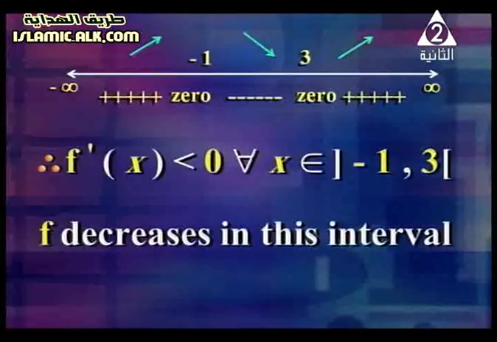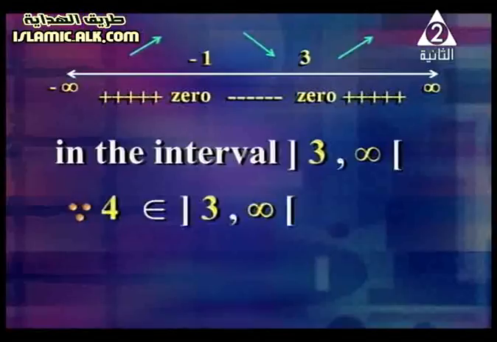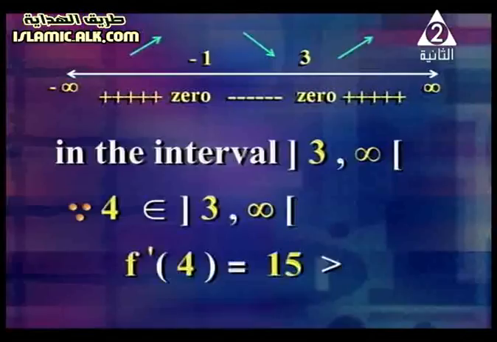Now we translate to the third interval, the open interval 3 to infinity. Put any number x belonging to the open interval 3 to infinity as 4. 4 belongs to the open interval 3 to infinity. Then find f dash of 4. By substituting x equals 4 in f dash x, we find f dash 4 equals 15, which is more than 0.